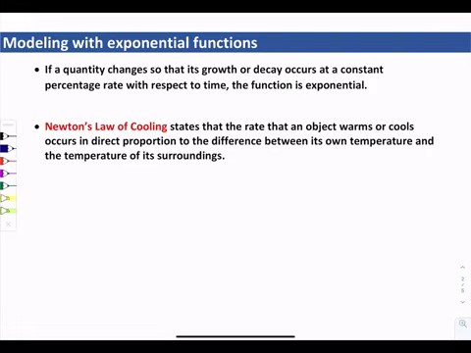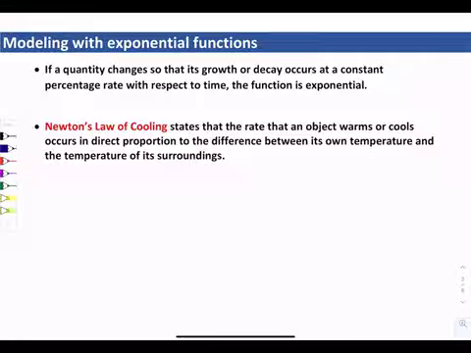A related situation arises when an object's temperature changes in response to its surroundings. So Newton's law of cooling states that the rate that an object warms or cools occurs in direct proportion to the difference between its own temperature and the temperature of its surroundings.